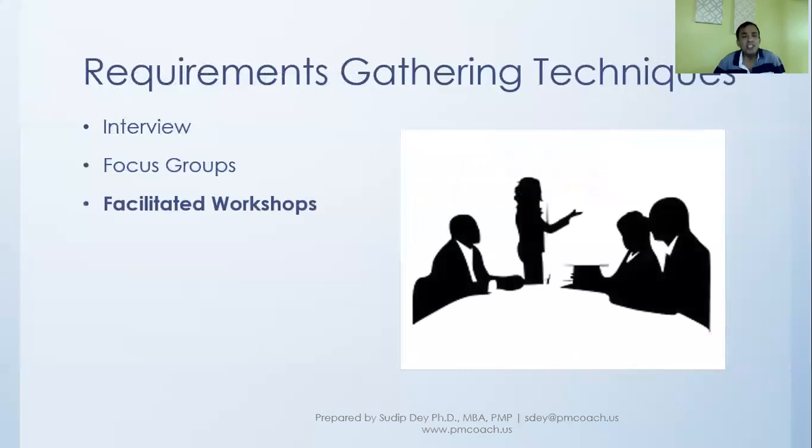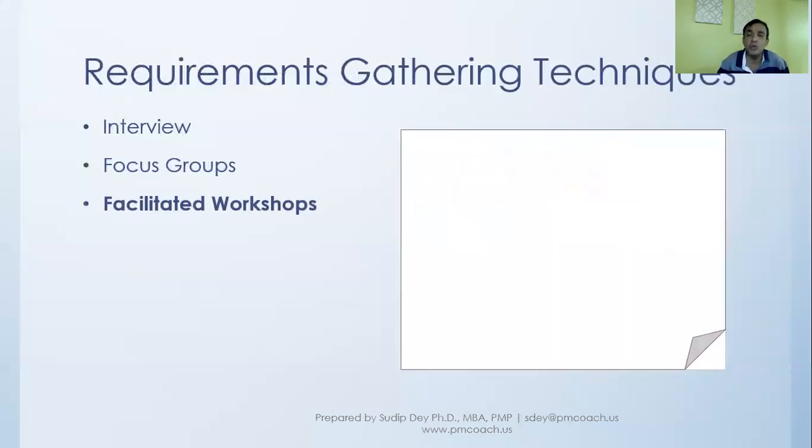And then, very similar to focus groups, there is facilitated workshop. A facilitated workshop is again a group discussion, but it might not have a particular area to focus on. It might, for example, be about defining product requirements.